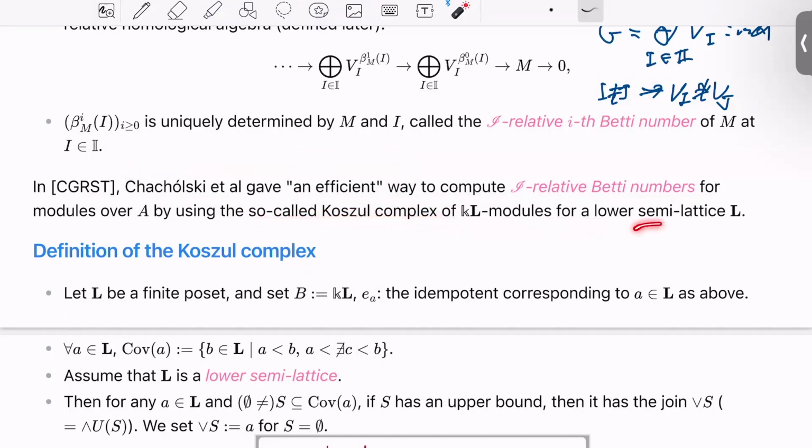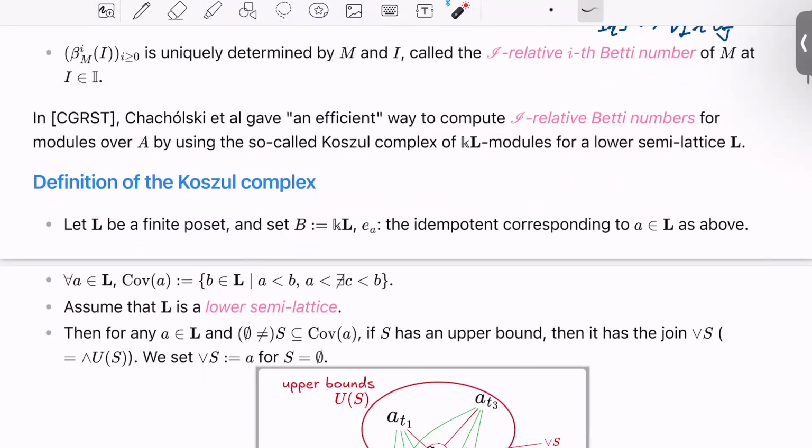For them it was an upper semilattice, but here I'm talking about right modules. Right modules are contravariant functors, so the whole story changes to the opposite side. In their case it was an upper semilattice, but in my talk, a lower semilattice.